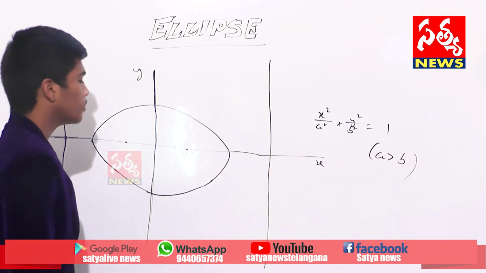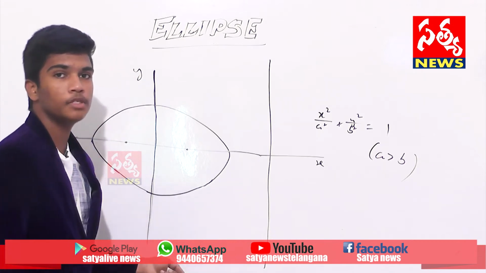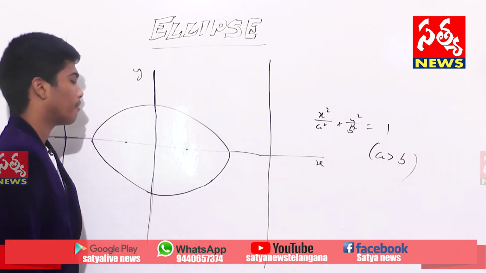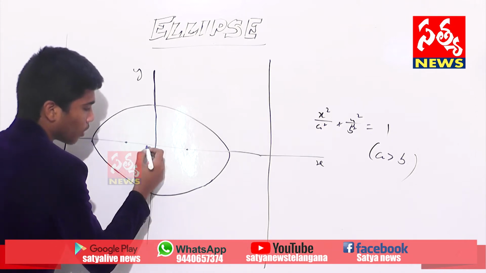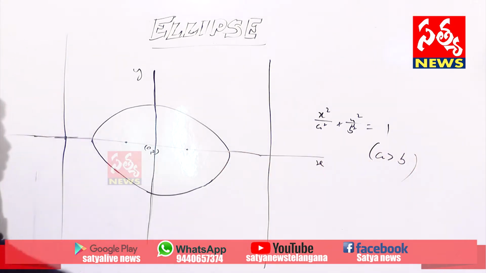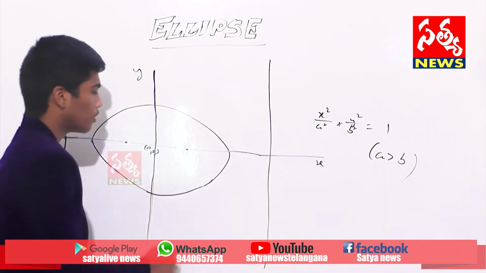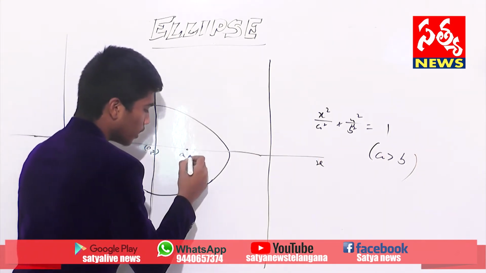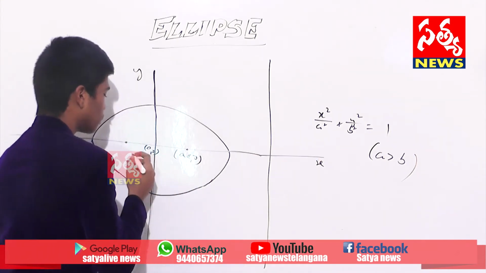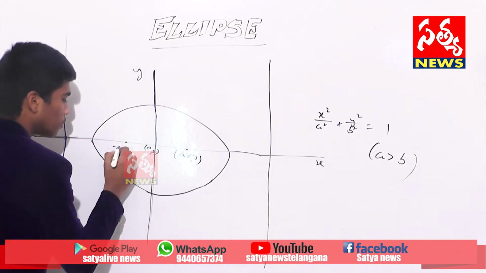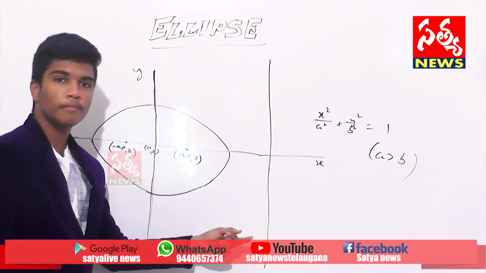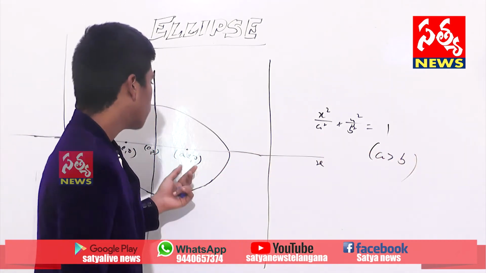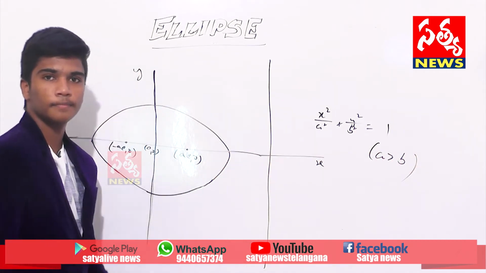These are the two directrix of the ellipse x square by a square plus y square by b square equals 1. Now, if we take this as origin, 0, 0, and this is known as the center, the focus will be ae, 0, and the other focus will be minus ae, 0, where e is the new term which we will discuss. It is called eccentricity.